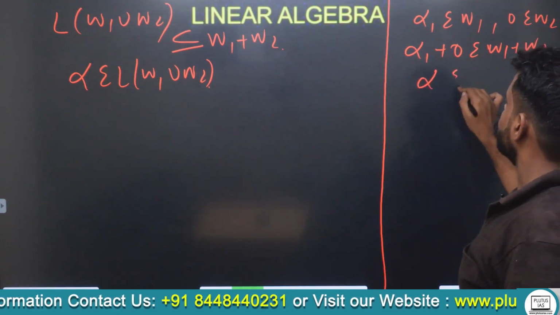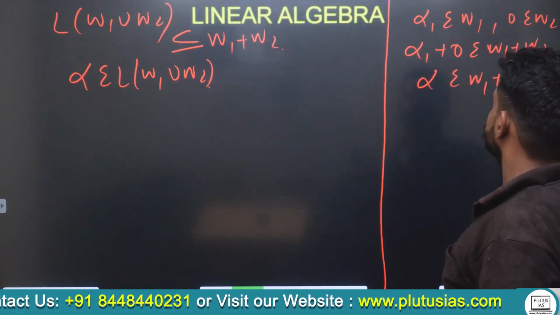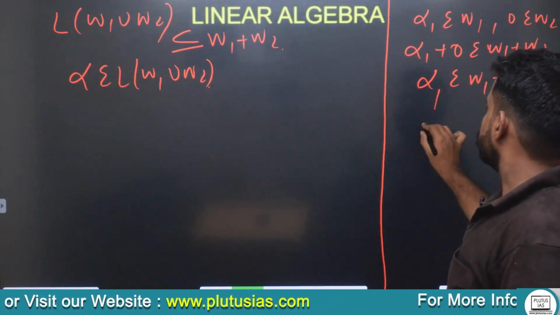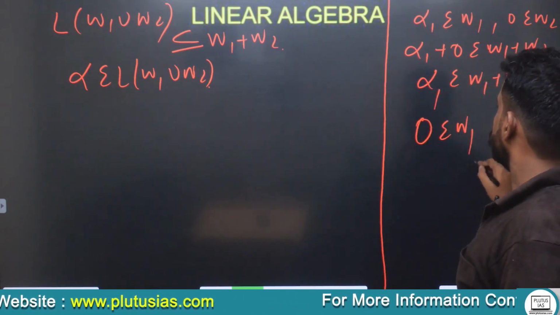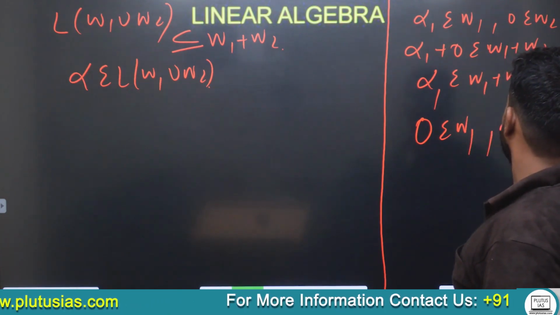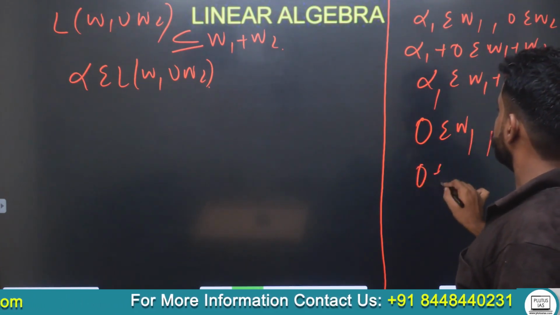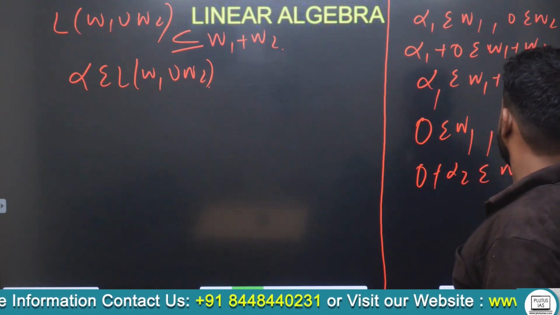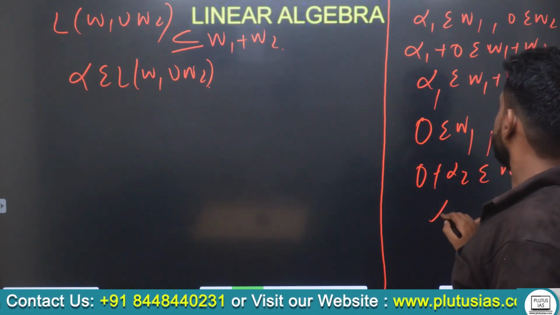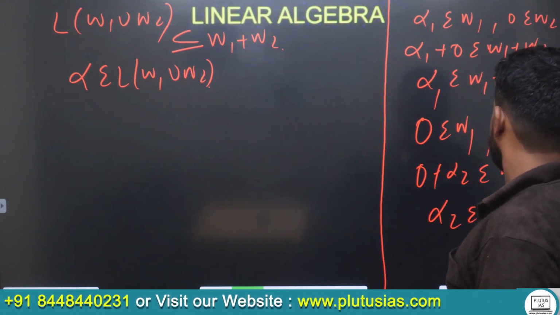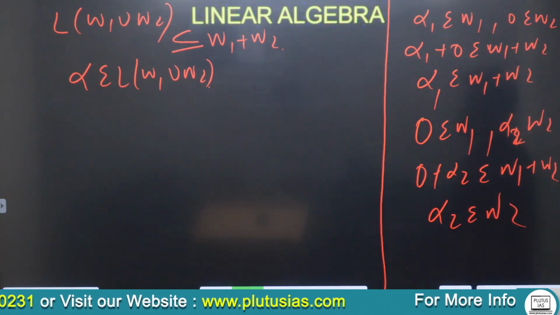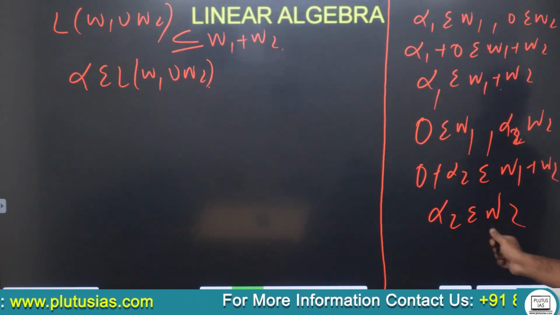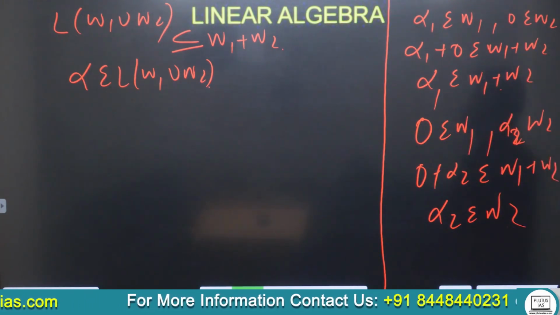Similarly, 0 belongs to W1 also, and alpha 2 belongs to W2. Then 0 plus alpha 2 will belong to W1 plus W2. Okay, so alpha 1 belongs to W1 plus W2, alpha 2 belongs to W1 plus W2.